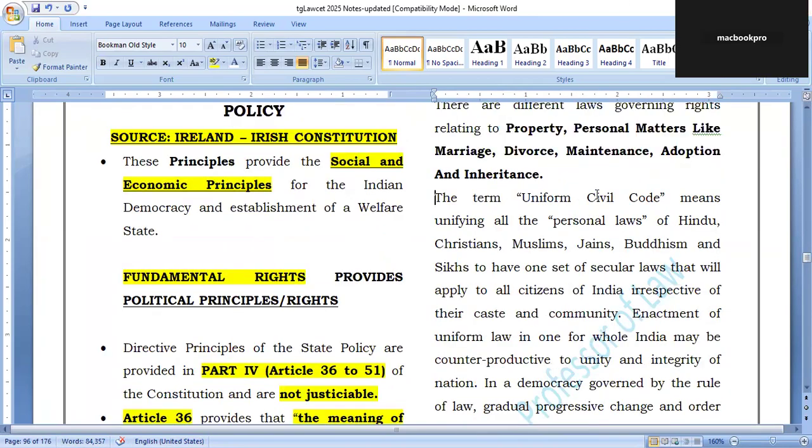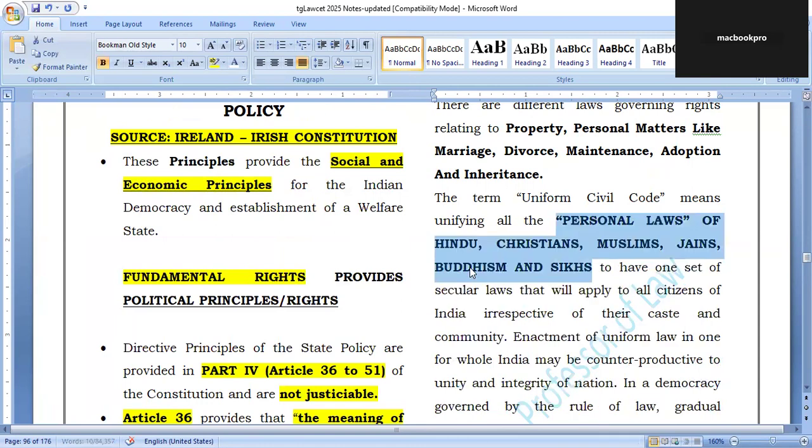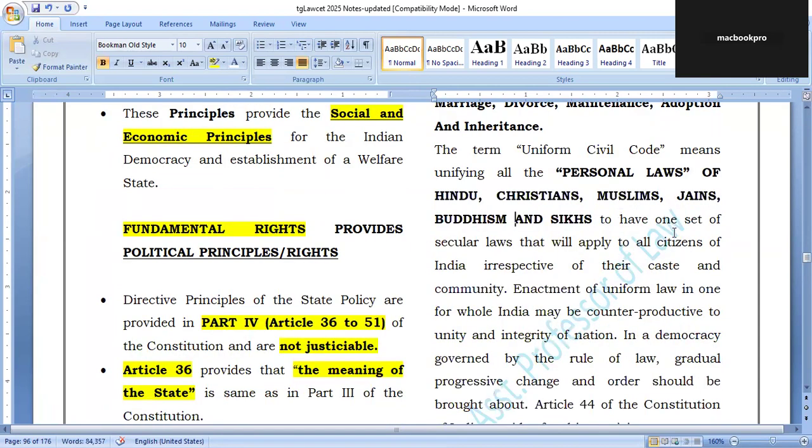The term Uniform Civil Code means unifying all the personal laws of Hindus, Christians, Muslims, Jains, Buddhists, and Sikhs to have one set of secular law that will apply to all citizens of India, irrespective of their caste and community.